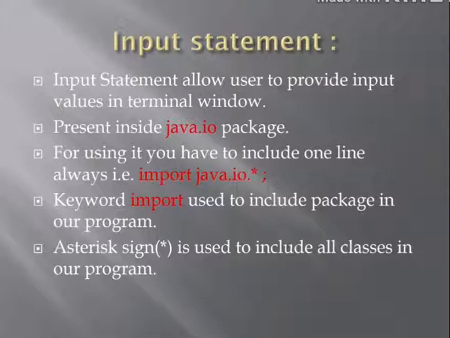For using it, you have to write the line, that is import java.io.*; Import is a keyword which includes a package in our program, and asterisk is used to include all classes present inside the java.io package in our program. For the input statement, there are so many things I want to tell you, but not in this video. I'm going to create another video for that.